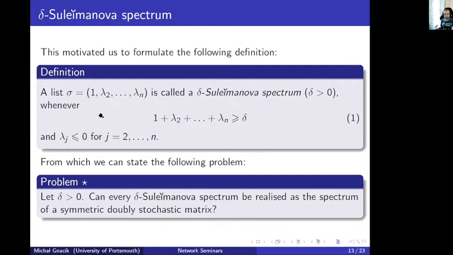And because we are going to study this problem for stochastic matrices, I already set lambda 1 to be 1 due to the property that I have demonstrated earlier.